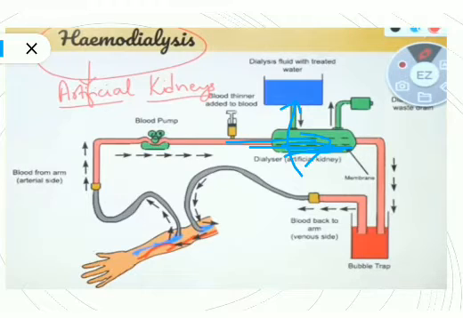So the urea will jump into the dialysis fluid through the diffusion process, because molecules move from higher concentration to lower concentration, that is called diffusion, right? So after a while the urea concentration will be increased in the dialysis fluid because of this transfer of urea from the blood to the dialysis fluid.